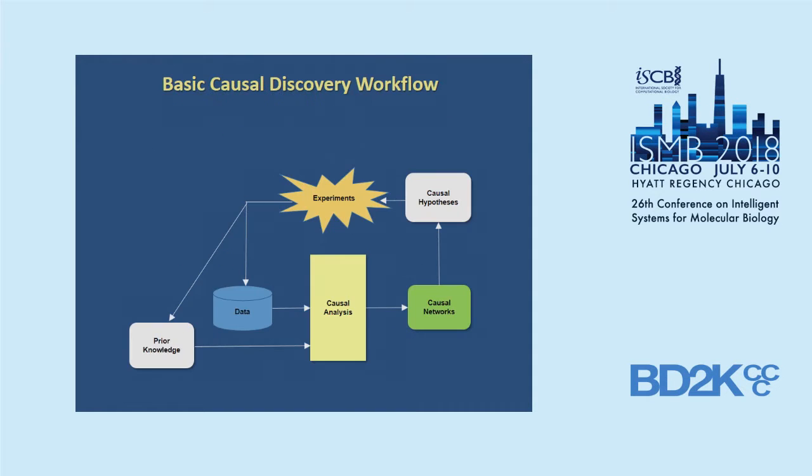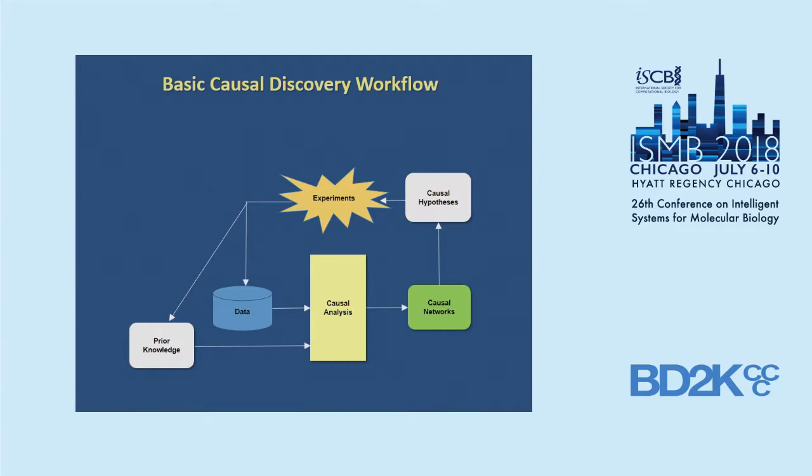The basic idea that we have in the Center for Causal Discovery, our basic philosophy, is that we have prior knowledge, and we've had three excellent talks in this session about prior knowledge and being able to get prior knowledge from the literature and other sources. We also have data. What we want to do is a causal analysis of those two to produce causal networks that then can inform scientists to help them form causal hypotheses that are likely to be true, interesting, and important.